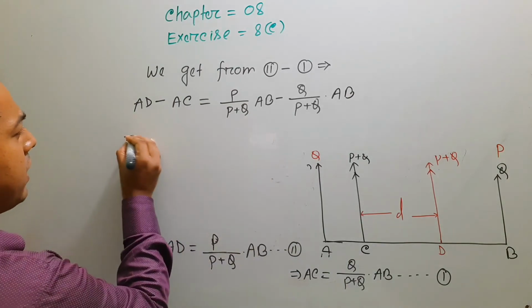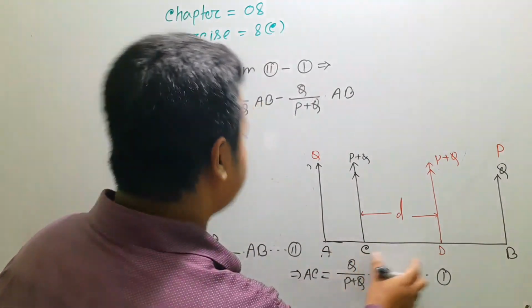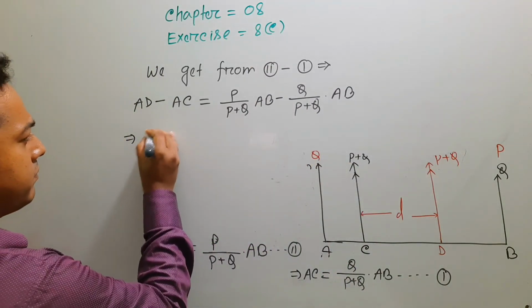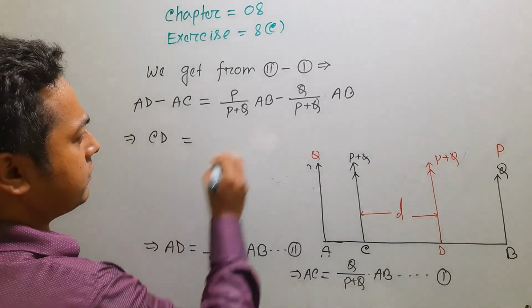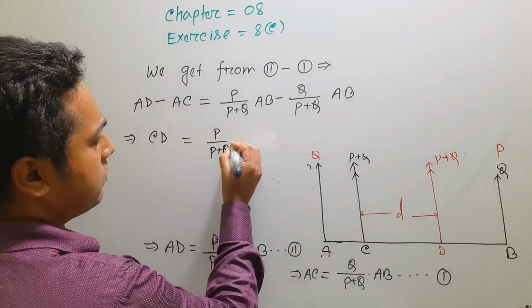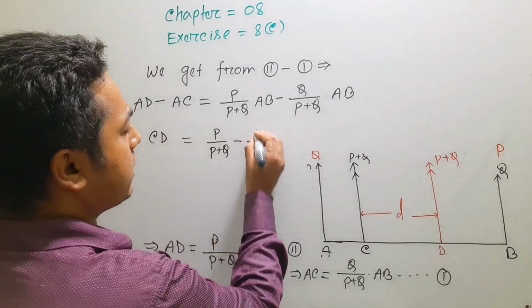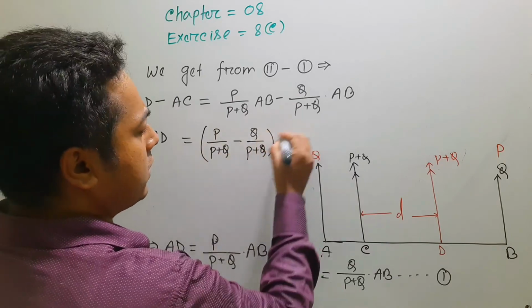Here AD minus AC is equal to CD, which is equal to P divided by (P plus Q) minus Q divided by (P plus Q), and the common term is AB.